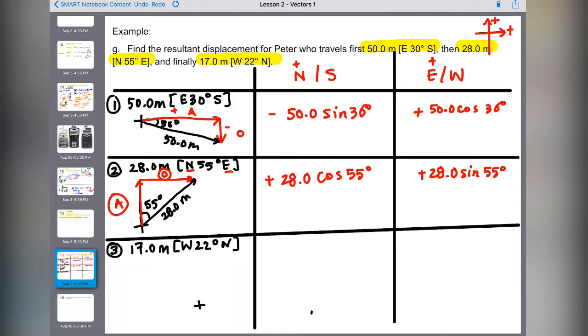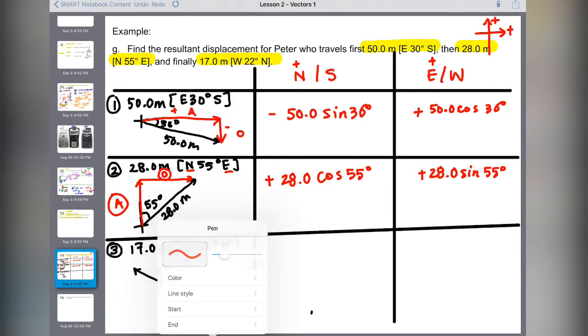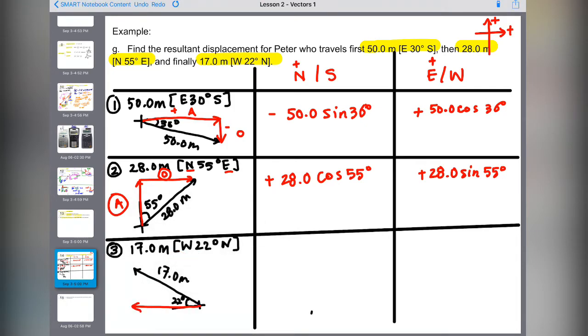So going somewhere down here, west, 22 degrees north. This is 17 meters. So drawing my triangle, going west, which is a negative on the west side, and then going north, which is a positive going the north direction.